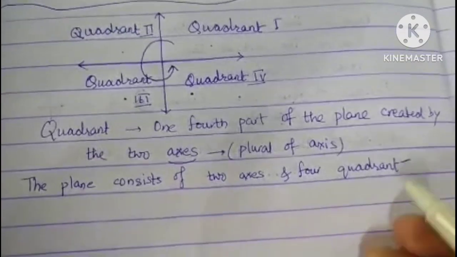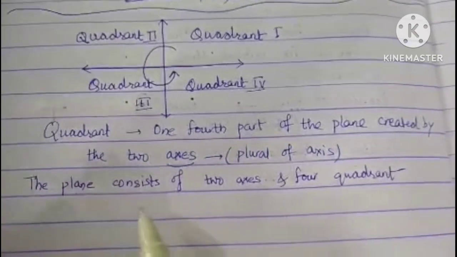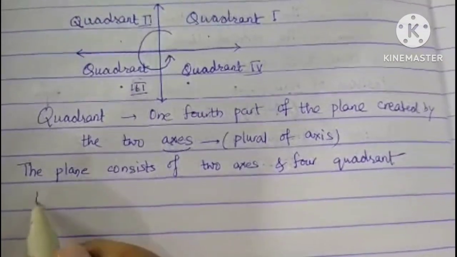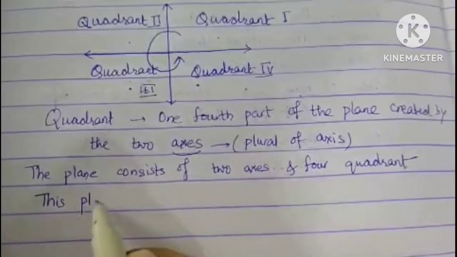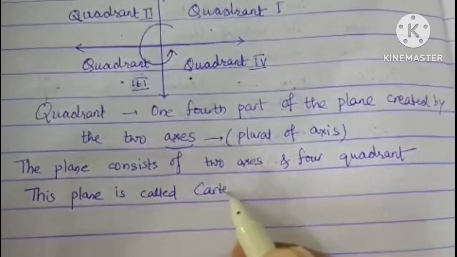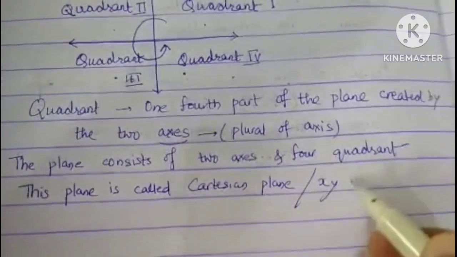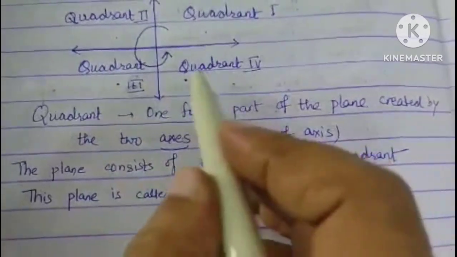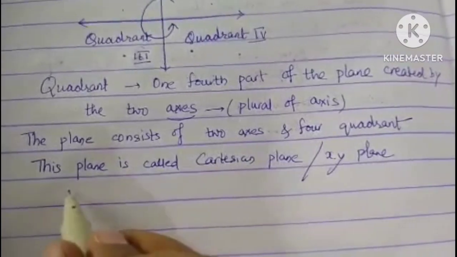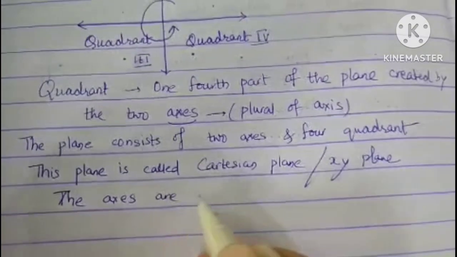What we knew from all these things is that it consists of 2 axes and 4 quadrants, and this plane is called the Cartesian plane, or we call it XY plane also, because this side is X, this side is Y. The 2 axes are called the coordinate axes.